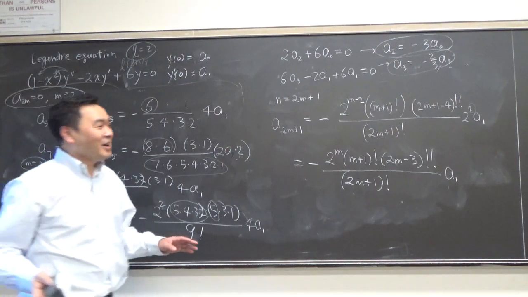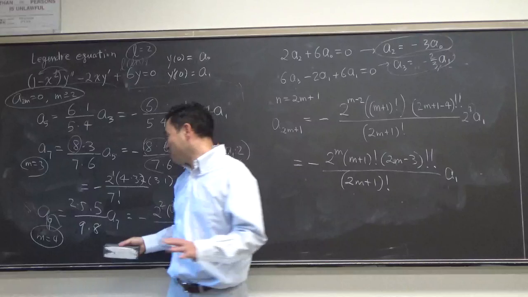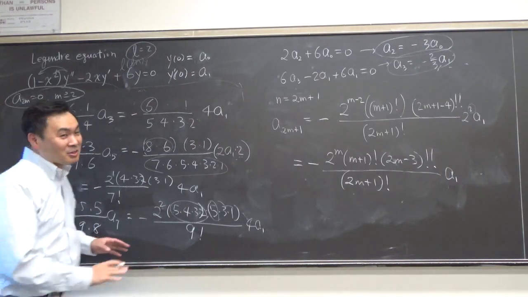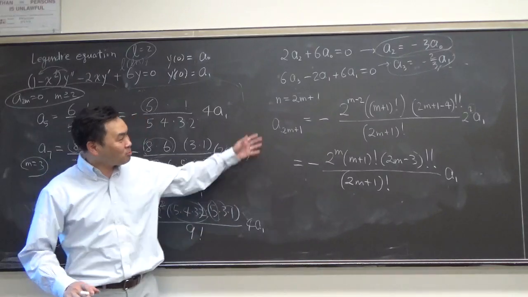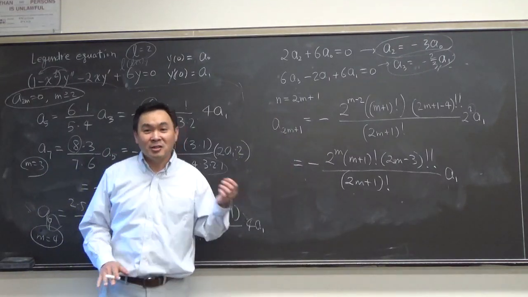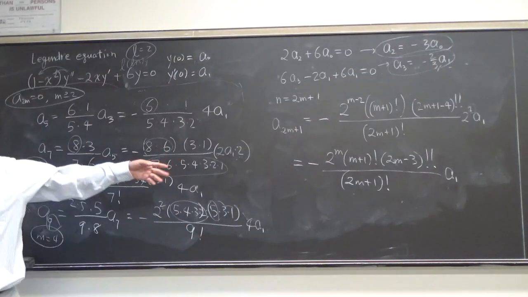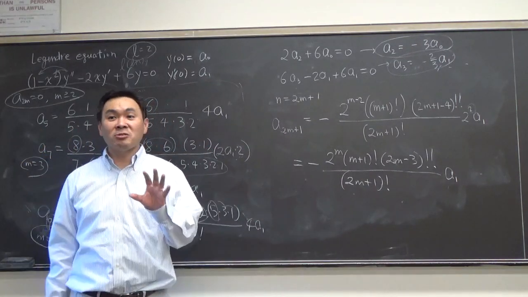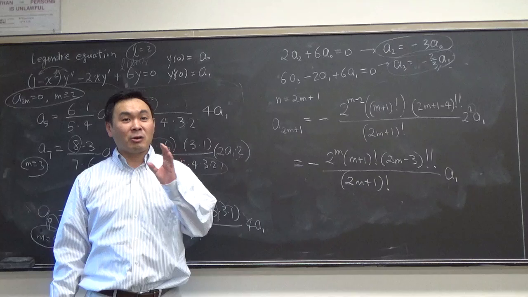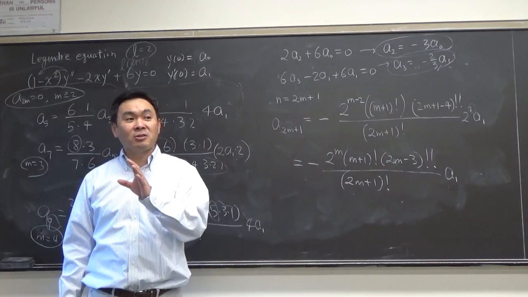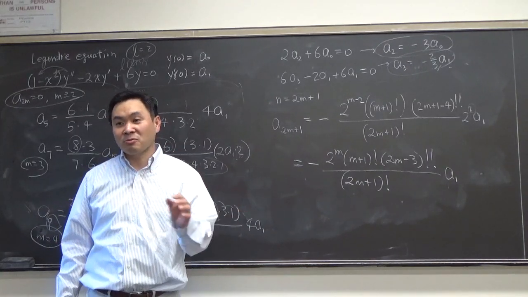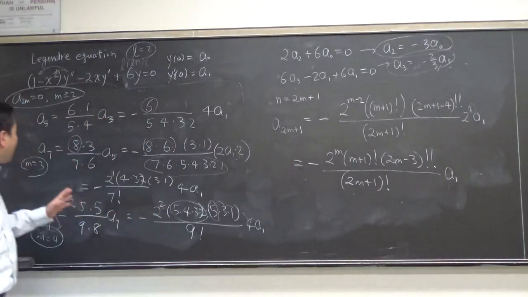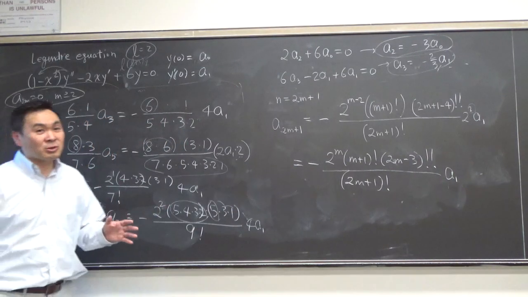Now, at this point, some of you might be freaking out because how am I ever going to do this on the exam? Well, for my exams, I don't ask you to find the general formula. I'm just doing this because we need it for the later course. What I usually ask during the exam would be something like, find the first 4 non-zero terms or 5 non-zero terms, okay? And you just have to figure out, so what's 5 non-zero terms?